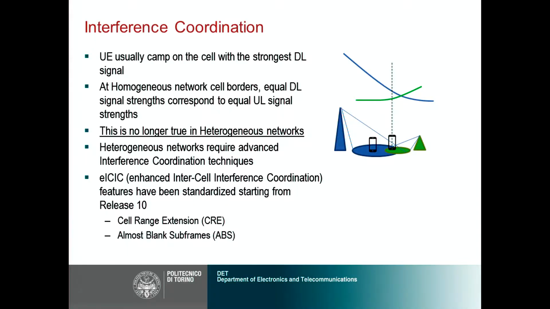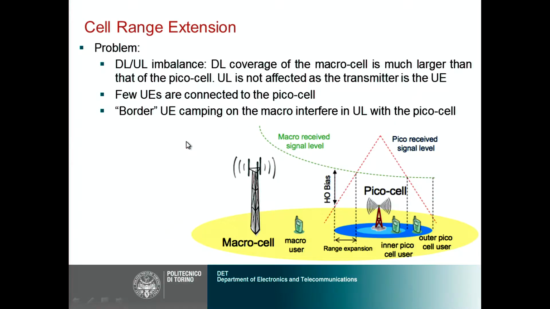So this may shrink the coverage of the picocell and effectively reduce the usefulness of picocells. So release 10 introduces a couple of features that try to counter this problem. They are called cell range extension, CRE, and together with it, a feature called almost blank subframes. Let's see what they are.